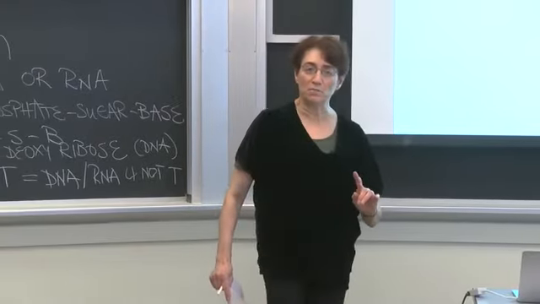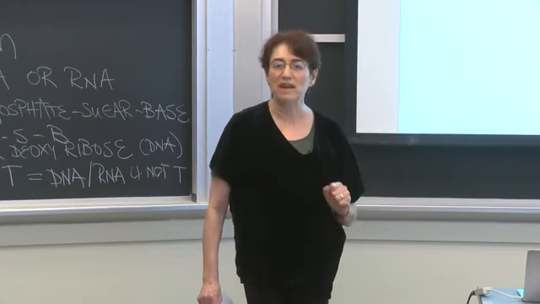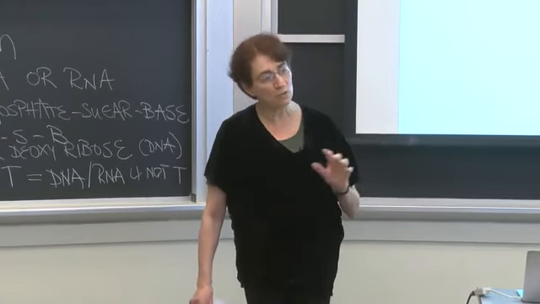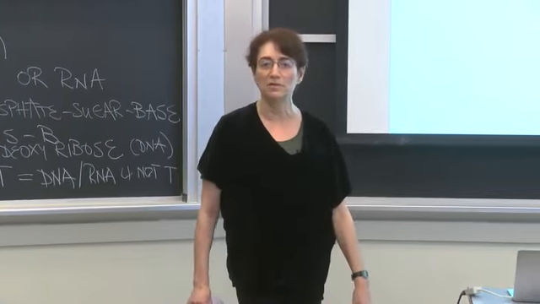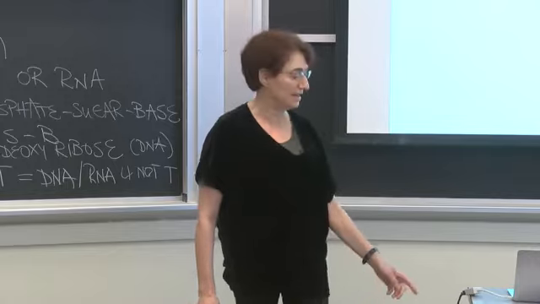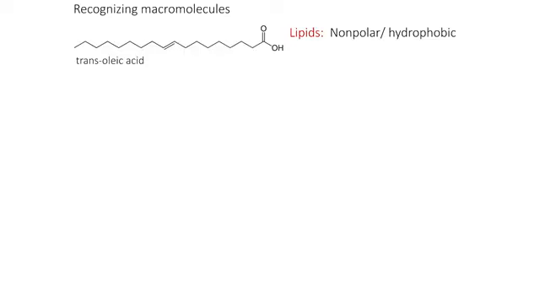So let's review a moment, recognizing macromolecules and how you would tell these 4 classes apart, because that's one of the things I'd like you to get out of this class. For the lipids, look for something nonpolar, hydrophobic. Lots of hydrocarbon, may have a little polar bit, but really most of it should be nonpolar hydrocarbon.